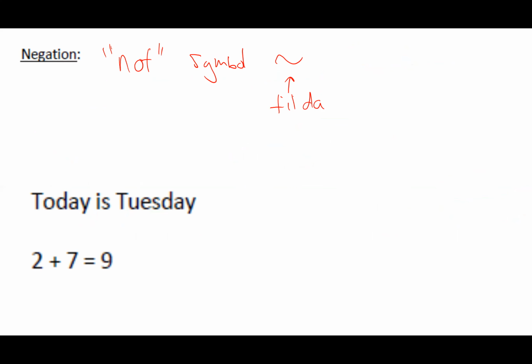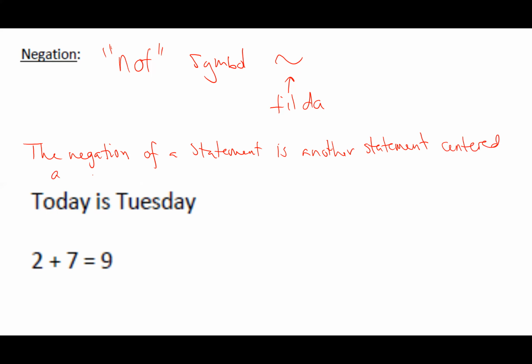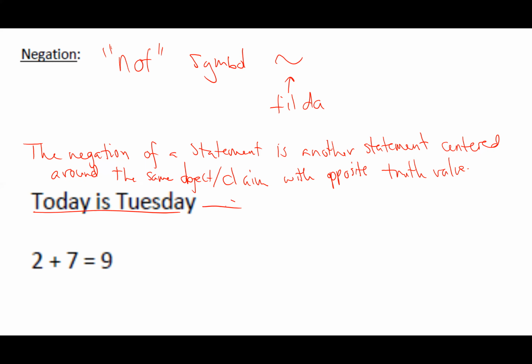And the way that a negation works is the negation of a statement is another statement centered around the same object or claim with opposite truth value. So, for example, today is Tuesday. What is the negation of today is Tuesday?